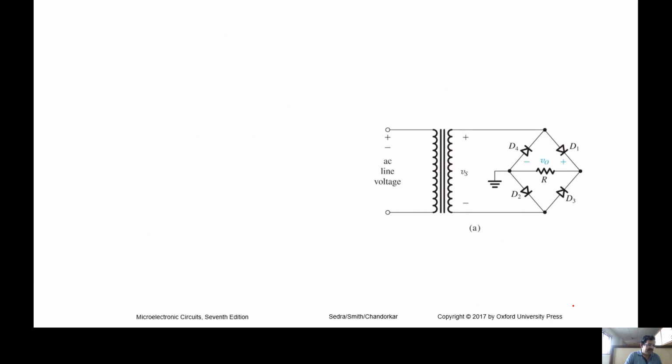Now let us go to the last problem as an example. Then I encourage you to do more problems. So let me write the problem for the bridge rectifier.